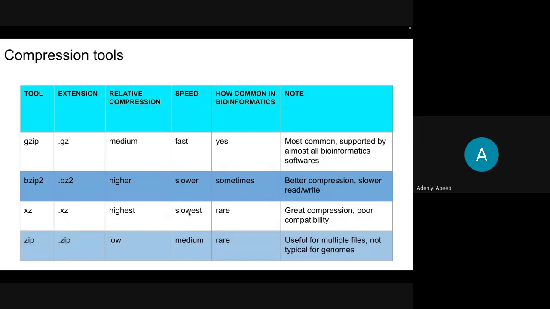Because it is slow, there's always this inverse trade-off between compression and speed. If you see a tool that is very good at compressing, most likely the speed is going to be low. So there is this inverse relationship between speed and compression, which means there will always be a trade-off.